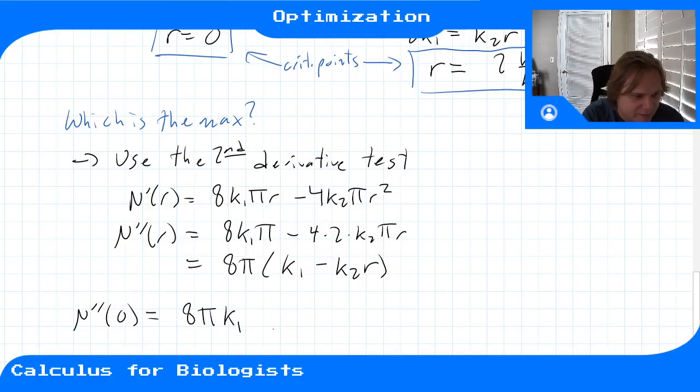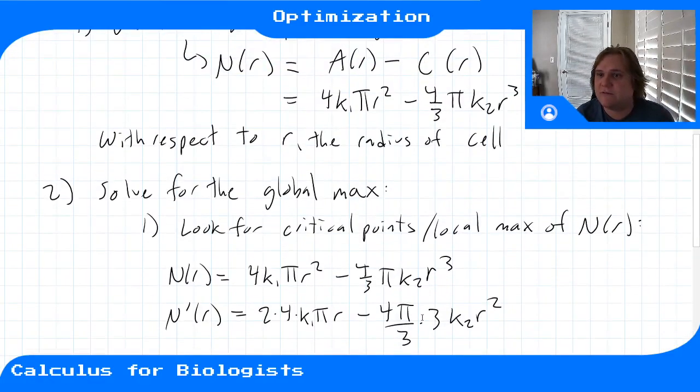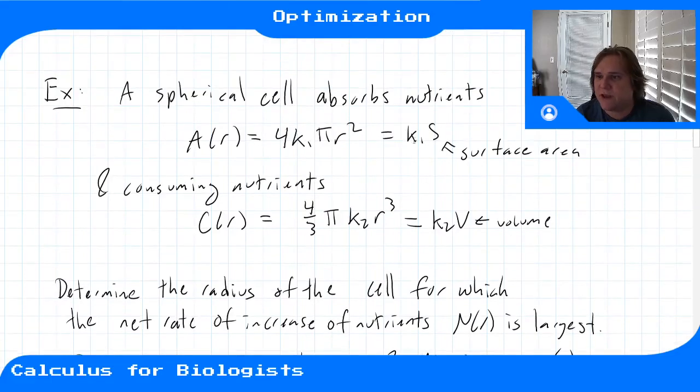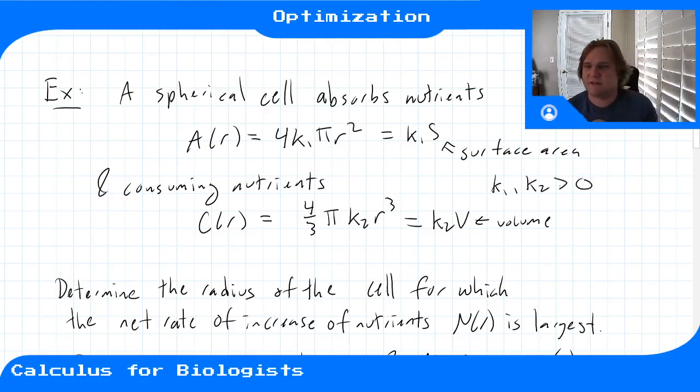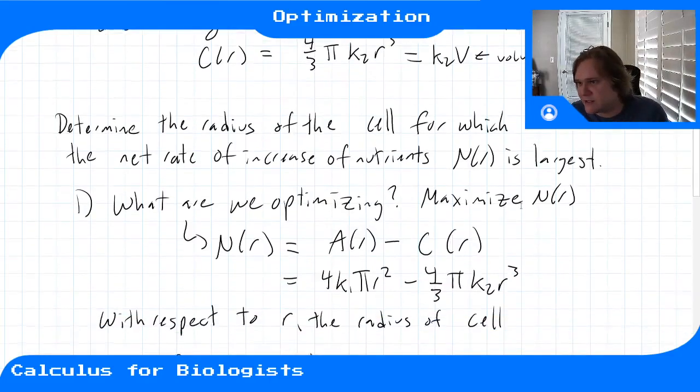And maybe I didn't mention this before, but k1 and k2 are the rate of absorption and rate of consumption. K1 and K2 are both positive, right? They're just positive constants that determine the rate of absorption or consumption. So they're rates, so they're positive.